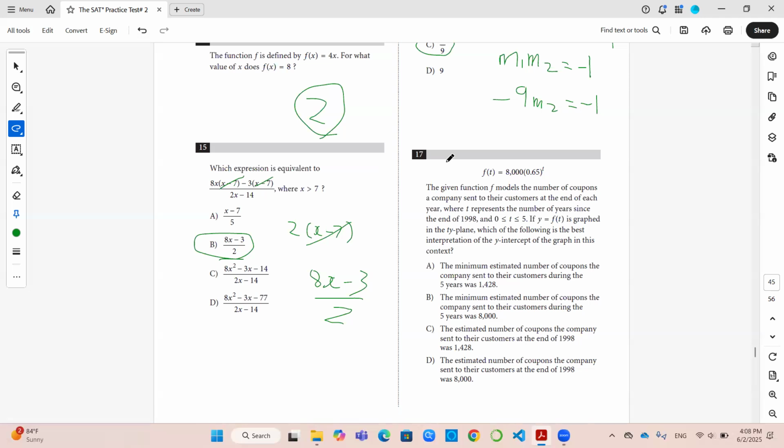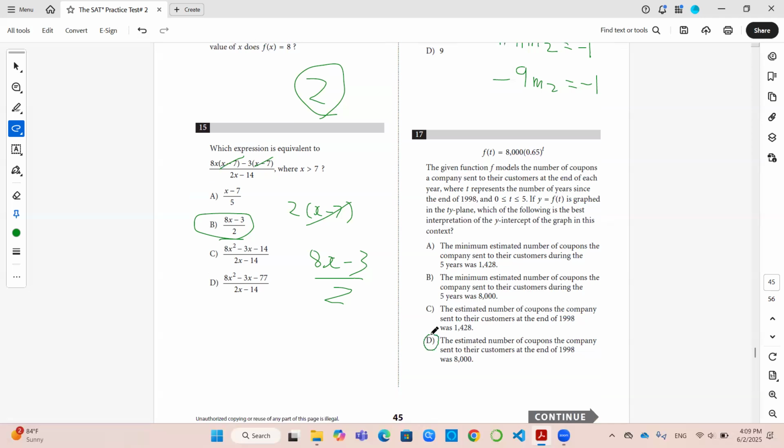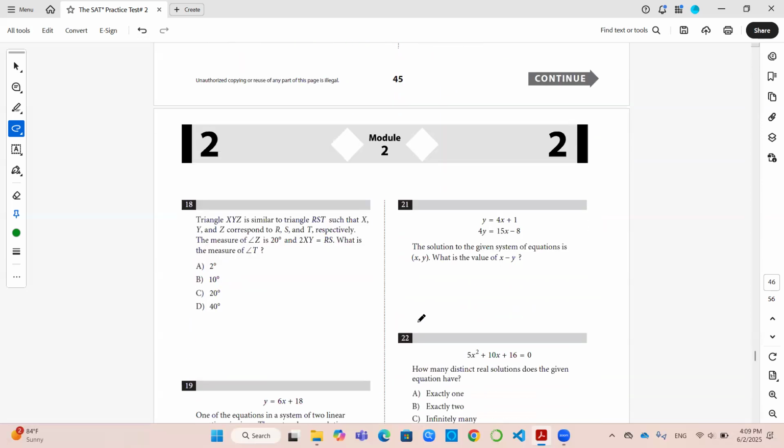So when T is equal to 0, we have an initial value of 8,000, right? So if I look at answer choice D, the estimated number of coupons the company sent to their customers at the end of 1998 indicates the initial value. And the initial value is 8,000. D is the correct option here.